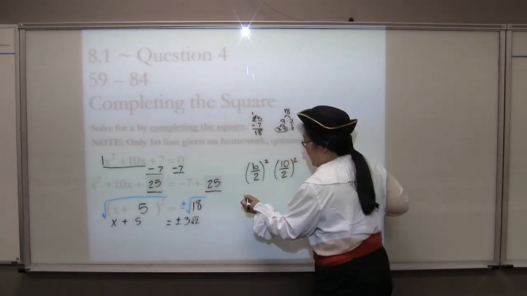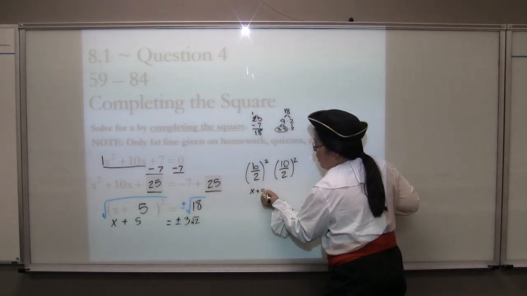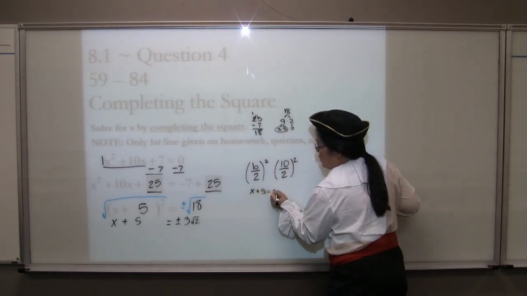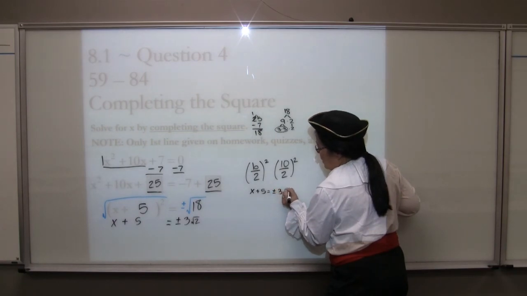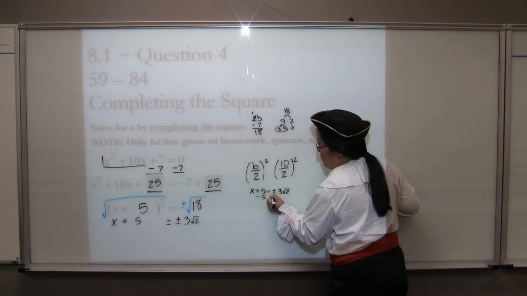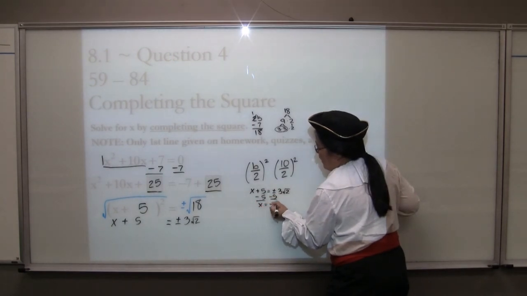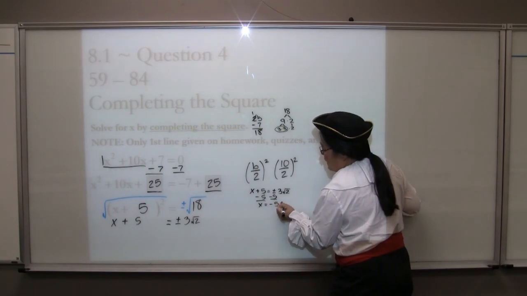Now, I told you that for this class only, you are welcome to shortcut. Because this came out yucky, you may subtract 5 on both sides and say x equals negative 5 first and plus or minus 3 square root of 2 second.